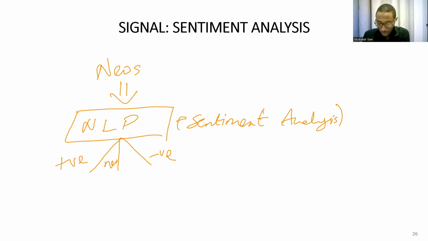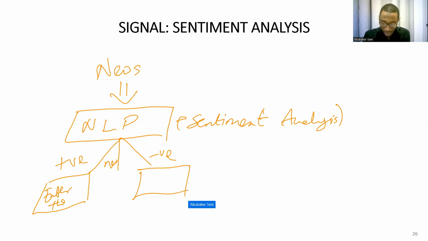So if the output is positive, I will enter the trade. If I see that people are happy about Tesla, then I'm going to go long. I'm going to buy Tesla shares. But if the sentiment is negative, I'm going to go short.